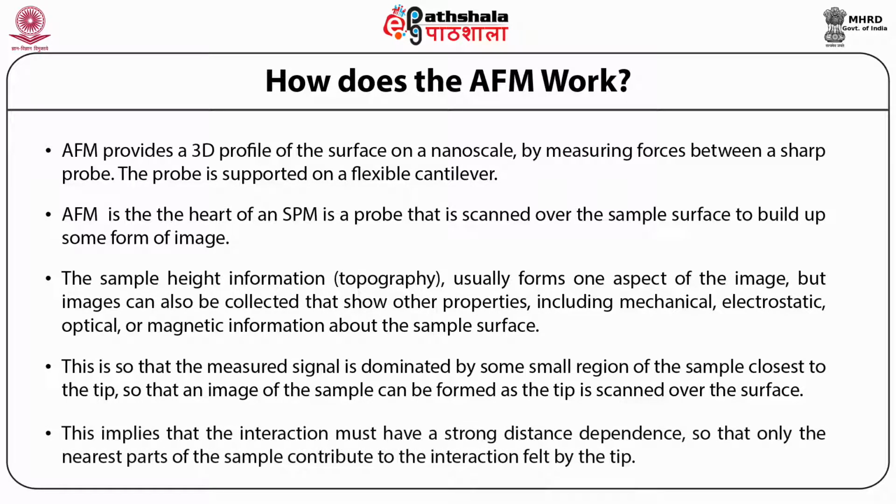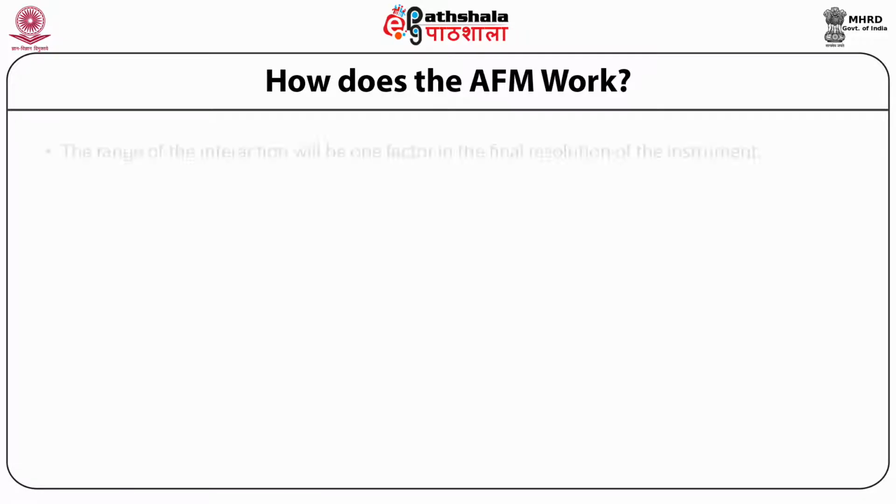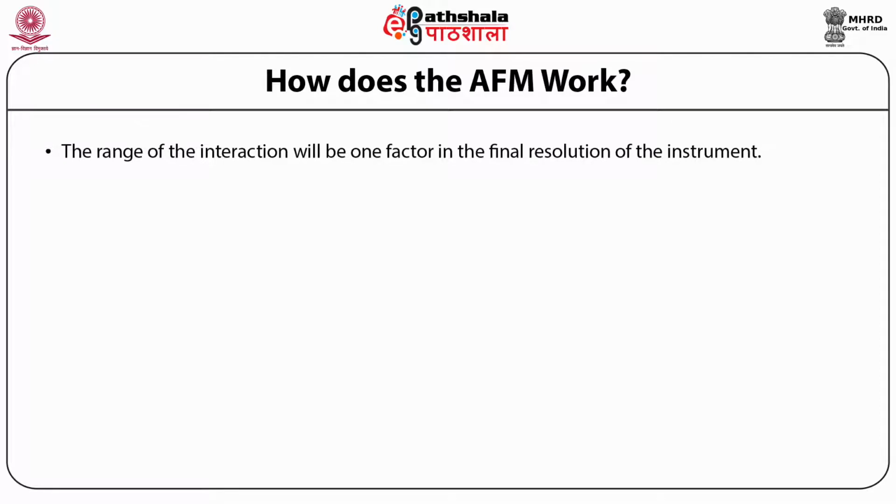This implies that the interaction must have a strong distance dependence, so that only the nearest parts of the sample contribute to the interaction felt by the tip. The range of the interaction will be one factor in the final resolution of the instrument.